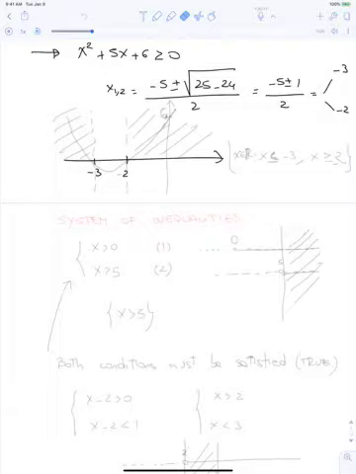Try to do it in scale, approximately. Then this is going to be a parabola that looks like this. It's going to intersect in 6, but we really don't care about this part.